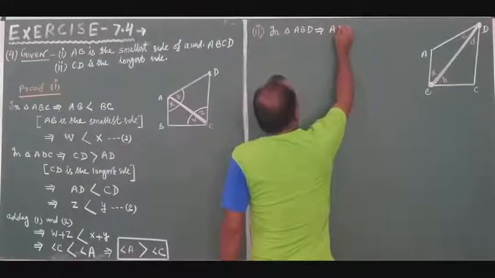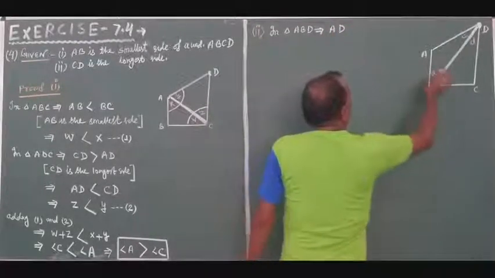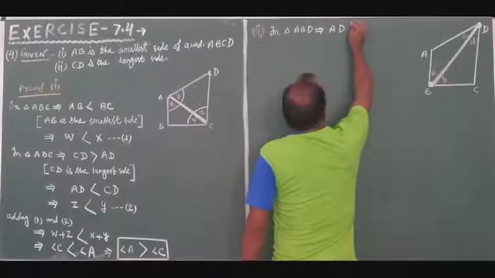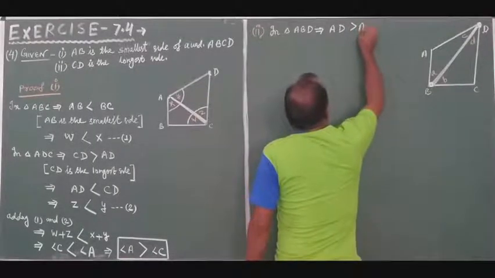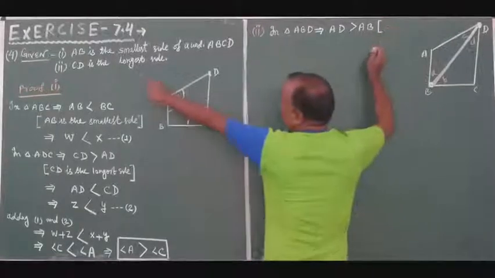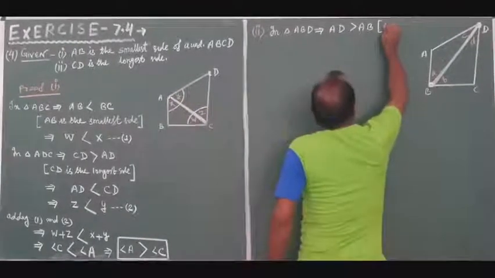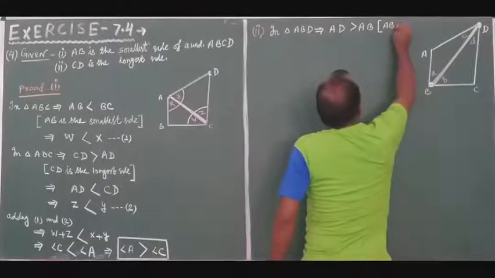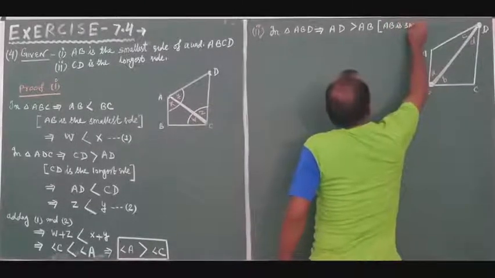AD will be greater than AB because it is given there. AB is smallest.